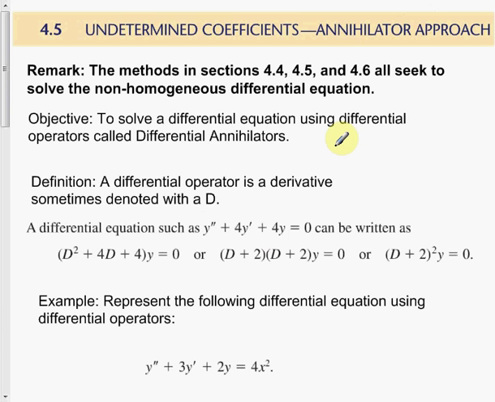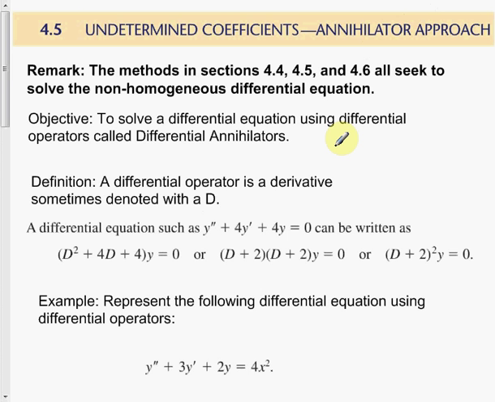So here, a differential equation such as y double prime plus 4y prime plus 4y equal to 0 can be written in terms of the operator notation where you replace the derivative with a D. So here, that becomes D squared plus 4D plus 4, all operated on y.